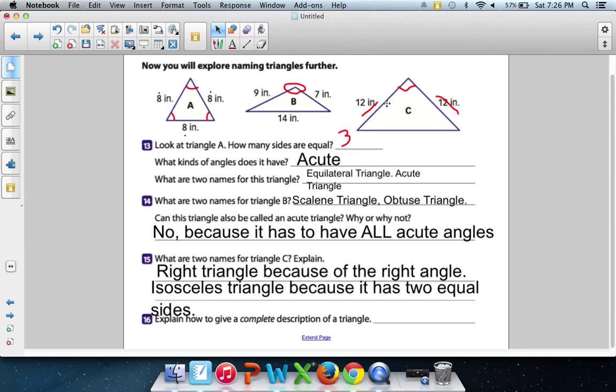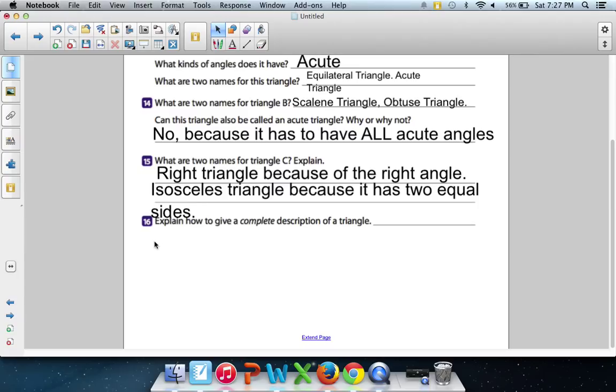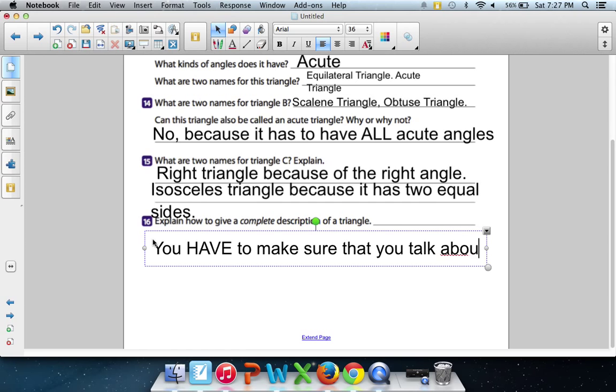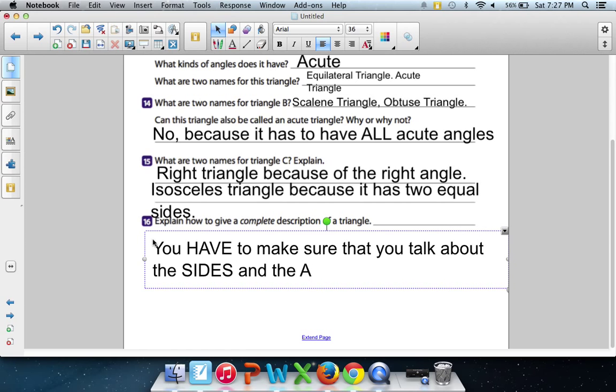So there you go. Explain how to give a complete description of a triangle. I'm going to extend the page. What do they mean by complete? Well, it's really quite simple. You have to make sure that you talk about the sides and the angles of a triangle.